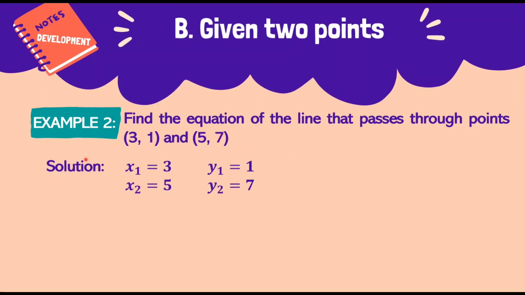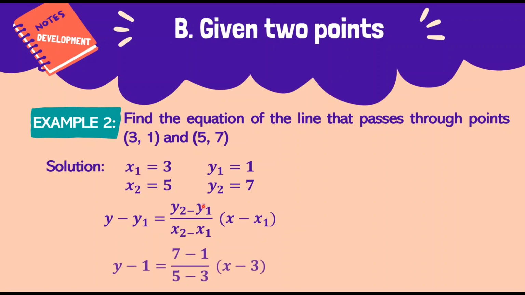So after that, we need to write the formula. So syempre, this is our formula. And then after this, we need to substitute the values of our x and y. So let us substitute. We have y sub 1. Our y sub 1 is 1. So it becomes y minus 1. Copy y and then substitute the value of y sub 1, which is 1.